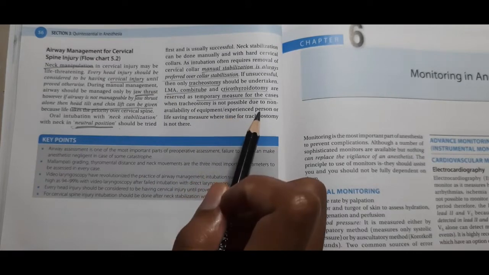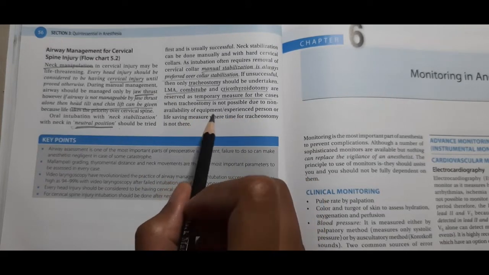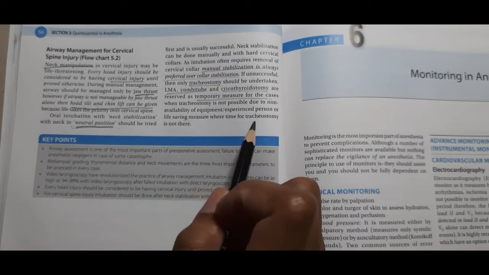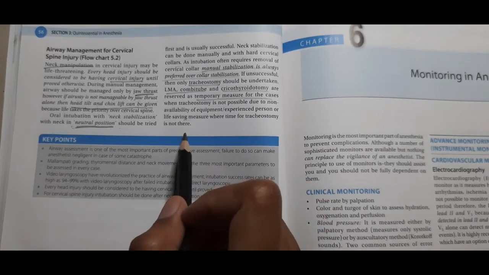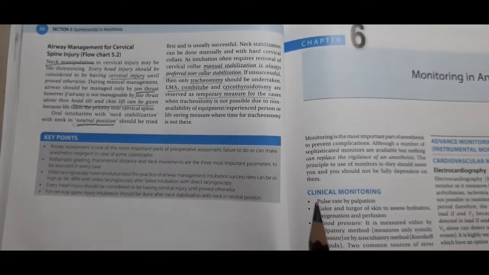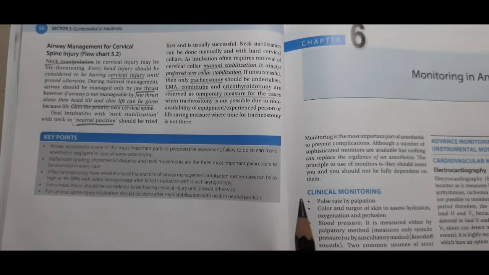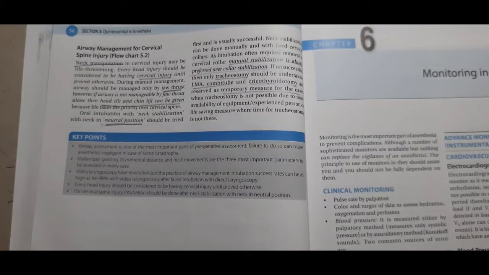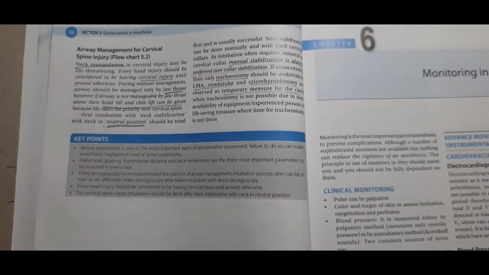This is a lifesaving measure when there is no time for tracheostomy, or equipment or an experienced person is not available. So that completes the airway management of cervical spine injury.